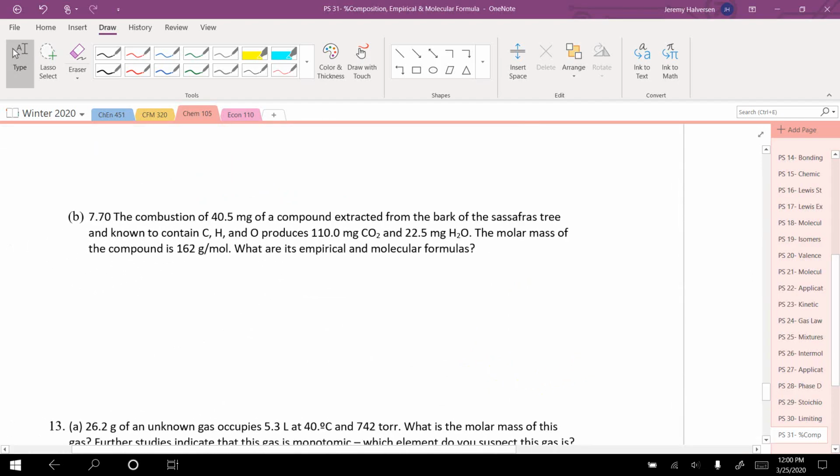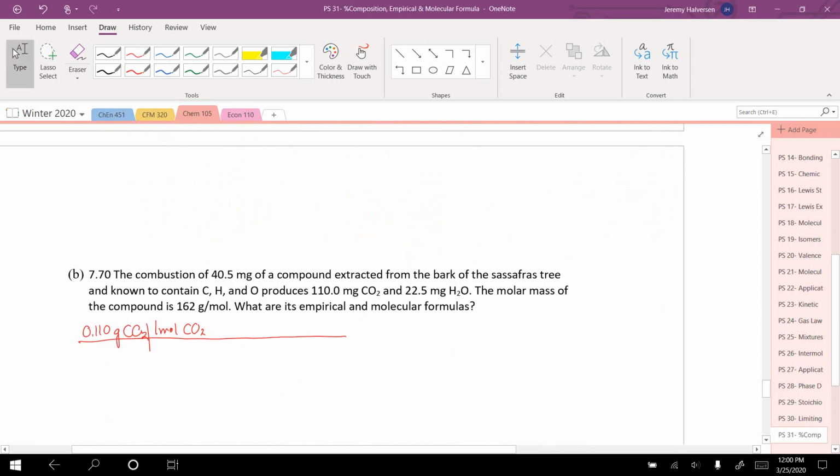All right, we could do the same thing again. All right, so we have 0.110 grams of carbon dioxide. I already found all my molecular weights up here, 44.009. And then 1 mole of CO2 is 1 mole of carbon, which has a molar mass 12.011.